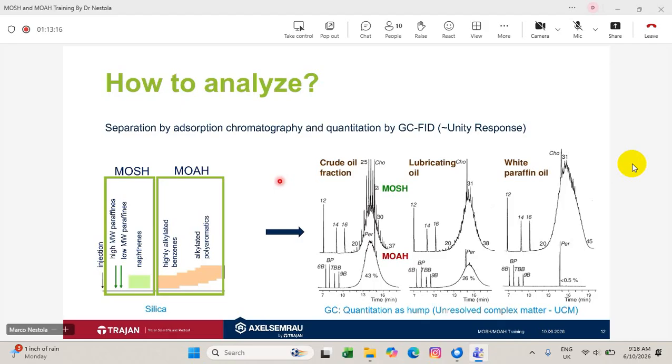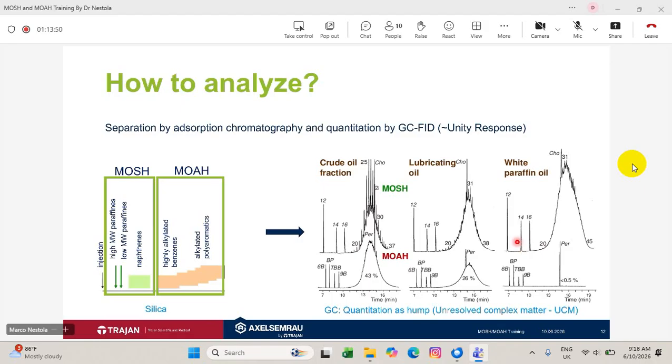These humps are just the composition of our many thousand compounds. First of all, this very nice big hump is from white paraffin oil. When we analyze a mineral oil, the shape of the hump, I would say in 80% of the cases, is a very nice Gaussian shape.